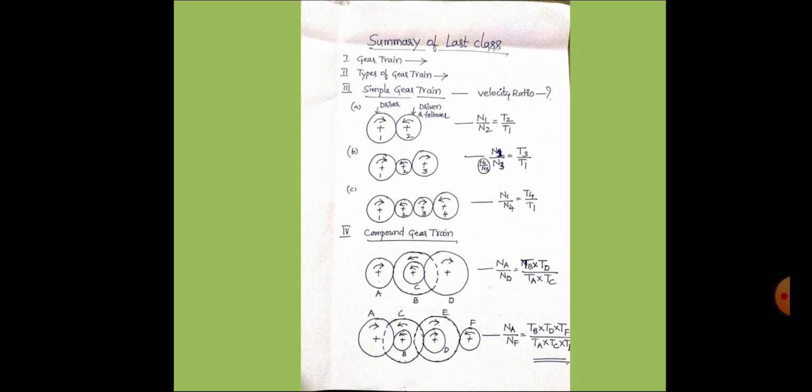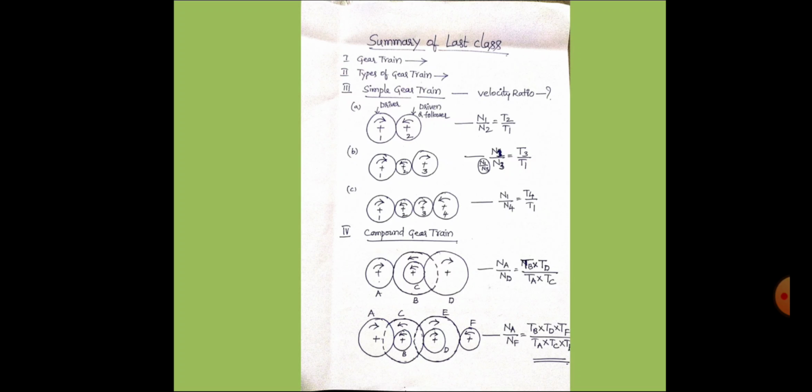Gear A, gear C, and gear E. Because gear A is driving gear B. Gear C is driving gear D. Gear E is driving gear F. Therefore, gear A, gear C, and gear E. All these 3 are said to be 3 drivers, in which A is the first driver.